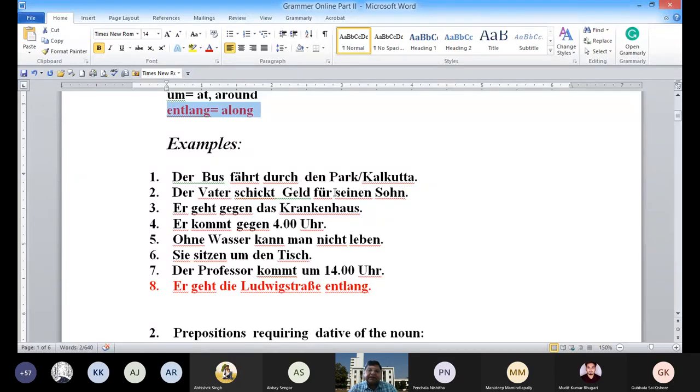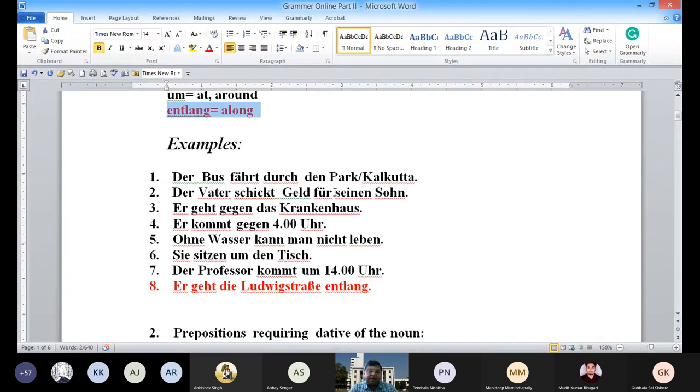That's fine. But here, because he's sending money to somebody, this is called a prepositional object or prepositional phrase, because many times we are using prepositions before the noun. What he's sending, that is okay, fine, accusative. So please do not get confused with the subject and object that I explained.